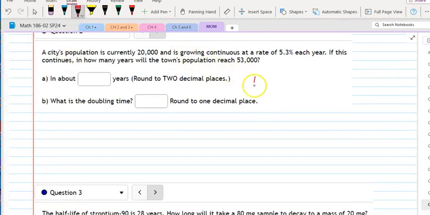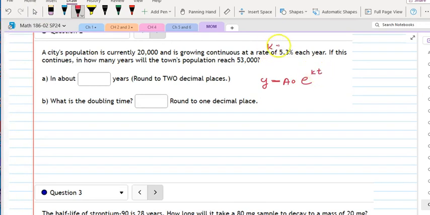For continuous growth, the model is y equal to A0, the initial value, times e^(kt).